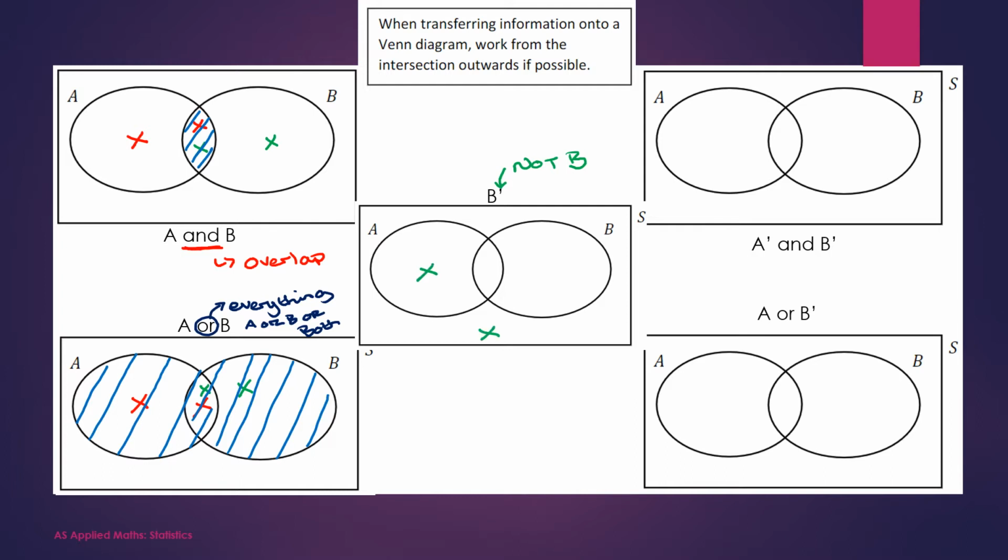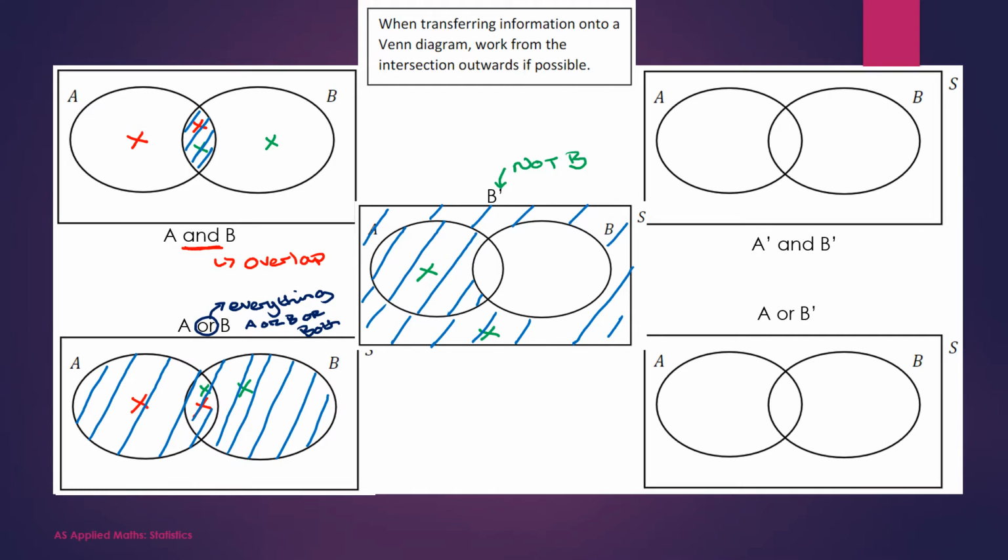So when I am shading it in, I want to shade in inside the A circle, but stopping when I get to the B circle, because that's where the overlap is for A and B, so that would mean event B has occurred. But then I also want to consider this outside region, because also out here B has not occurred, so we've got that section there to consider.